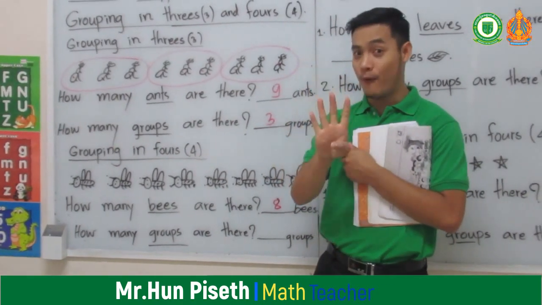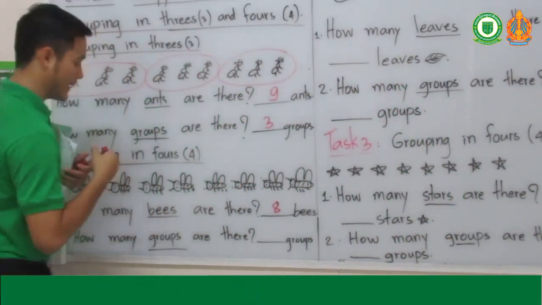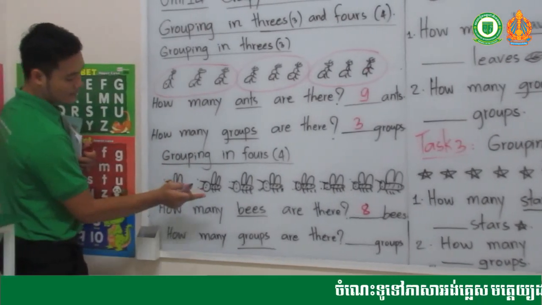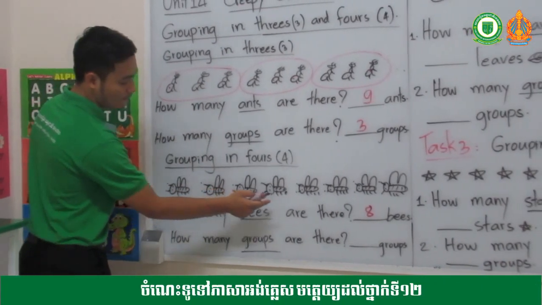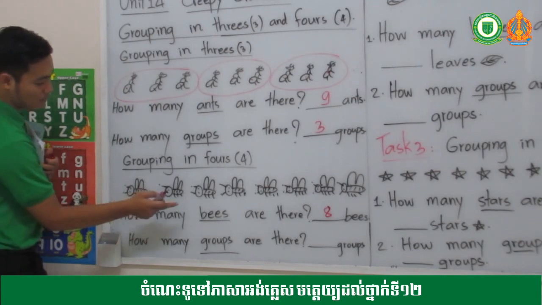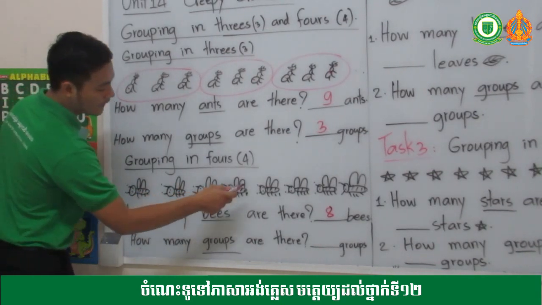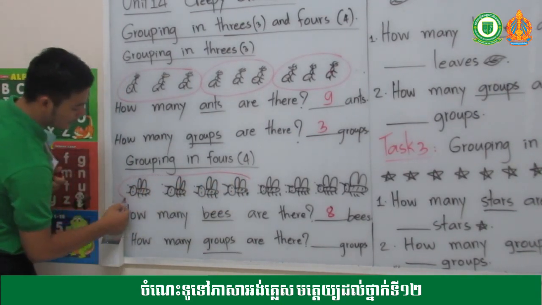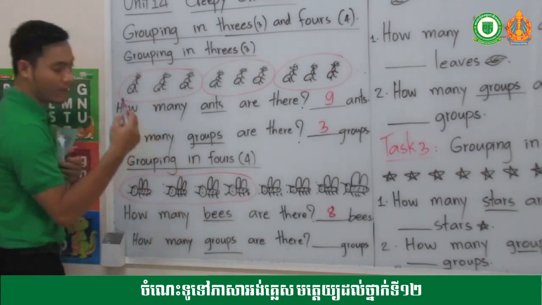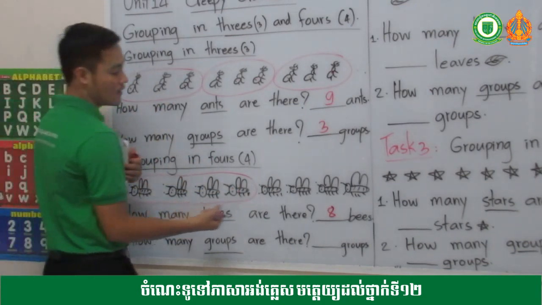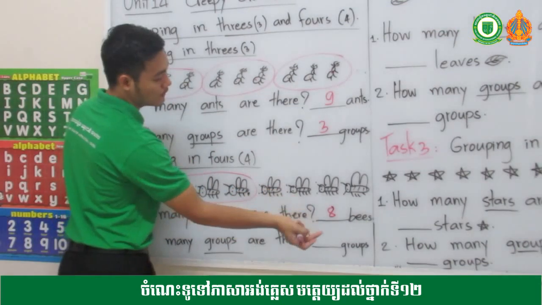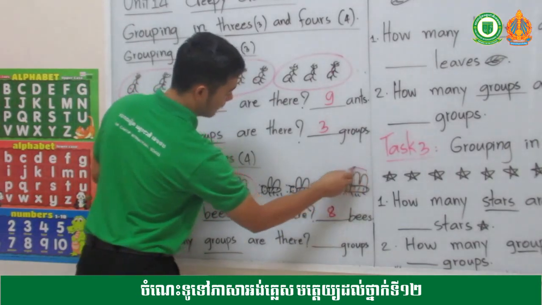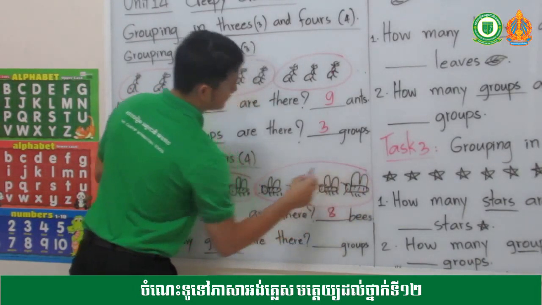One group has 4. So now start. 1, 2, 3, 4. Again, 1, 2, 3, 4. And then we group it in one group. And if we count another 4. 1, 2, 3, 4. Okay, we're grouping it.